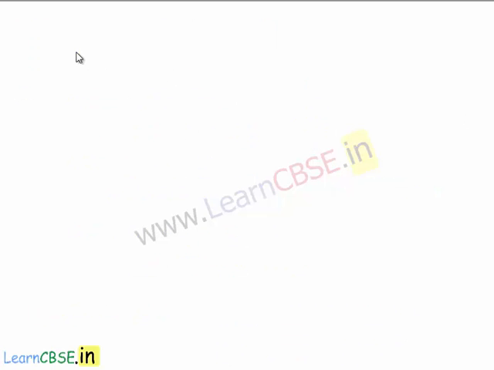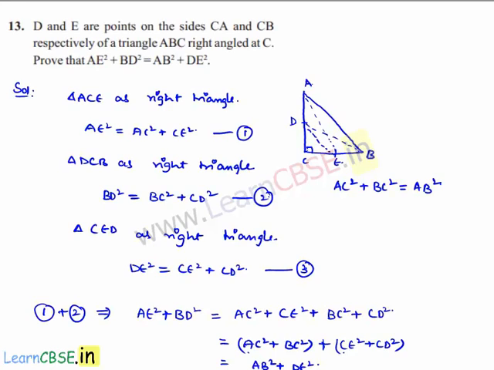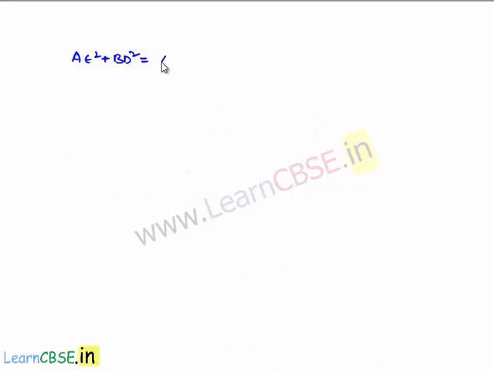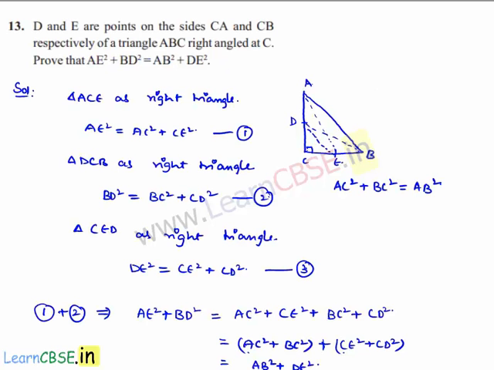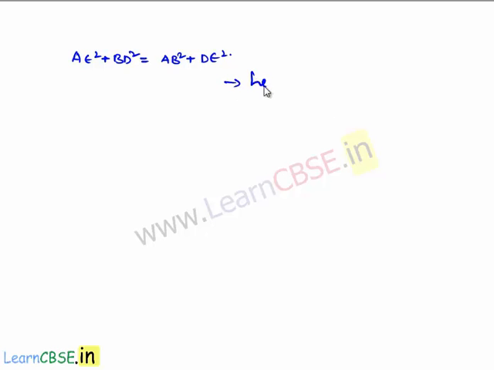Finally we can say that AE square plus BD square is equal to AB square plus DE square. This is what the proof required for us.